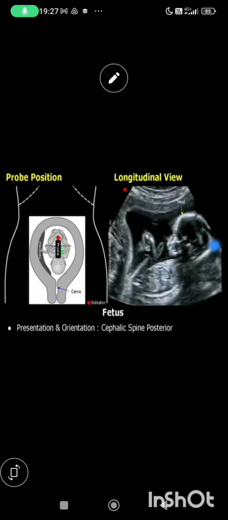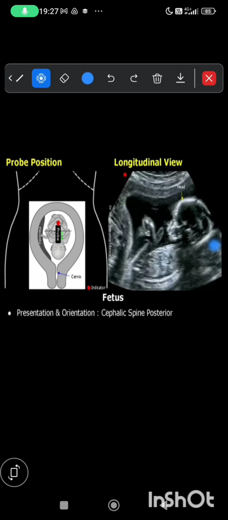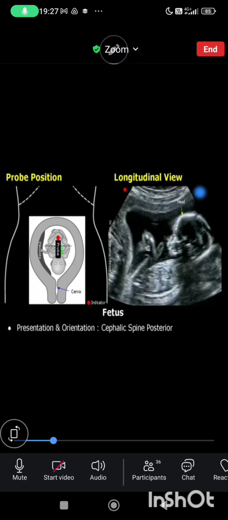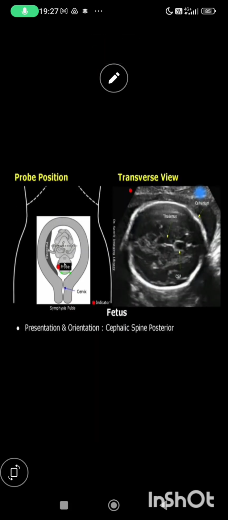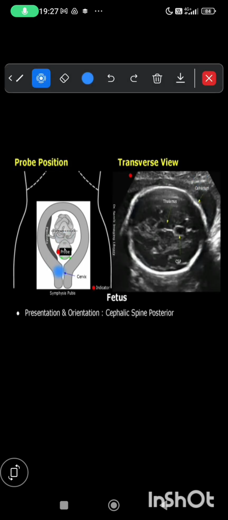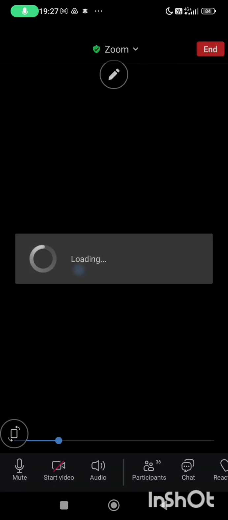We can see another picture of a cephalic fetus. When we place the probe longitudinally we get this type of long axis view, and the head is toward the inferior, so it is a cephalic fetus. To get the transverse sections, for example the transverse section of the head, the probe is placed transversely.